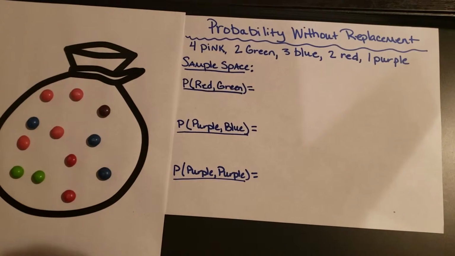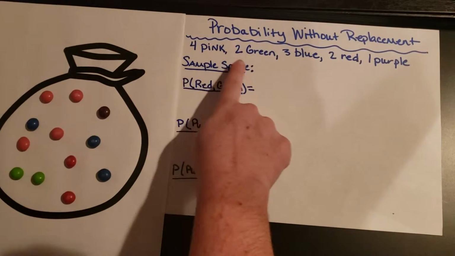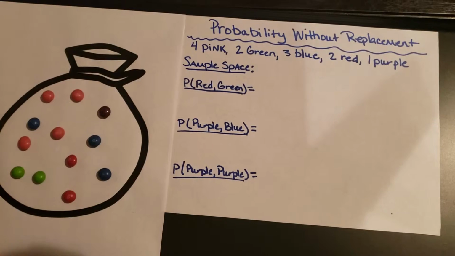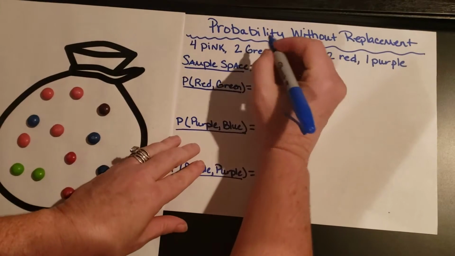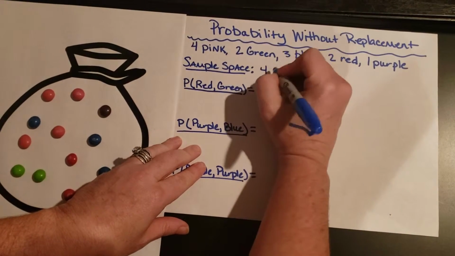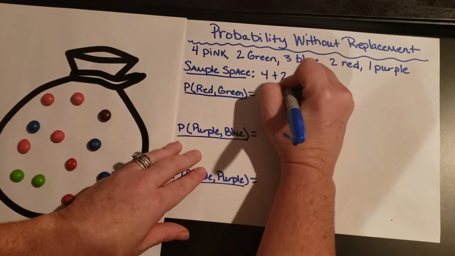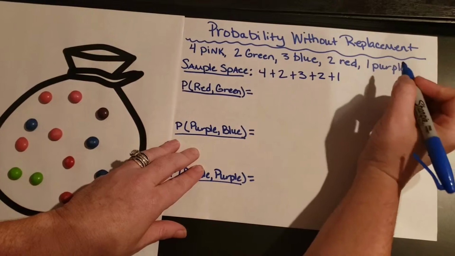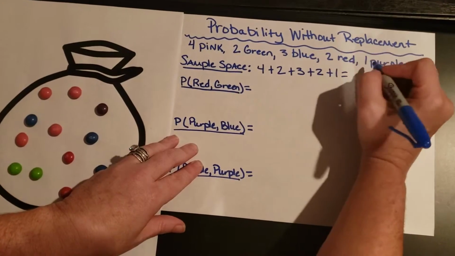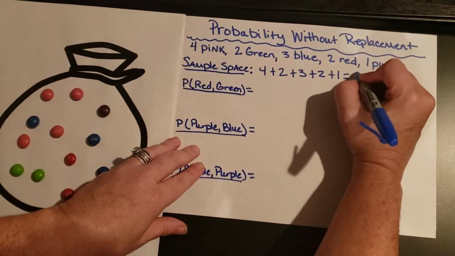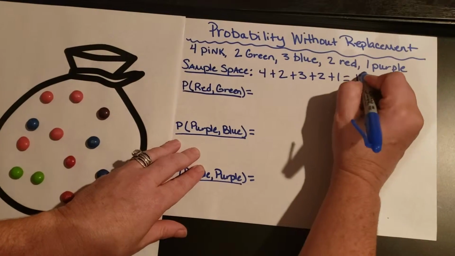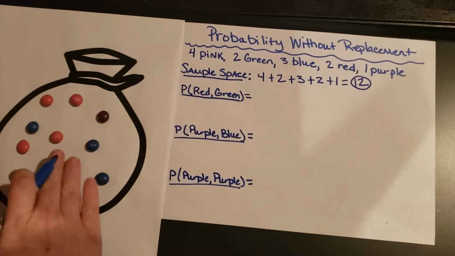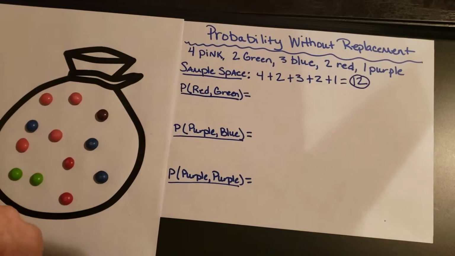In order to find it, we're just going to add the quantity of each color: 4 pink, 2 green, 3 blue, 2 red, and 1 purple. The sum of those comes to 12. So that means we have 12 total in the bag, like I have mentioned already.